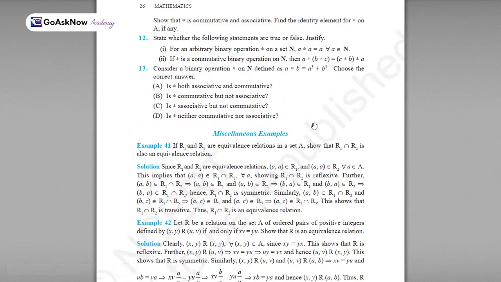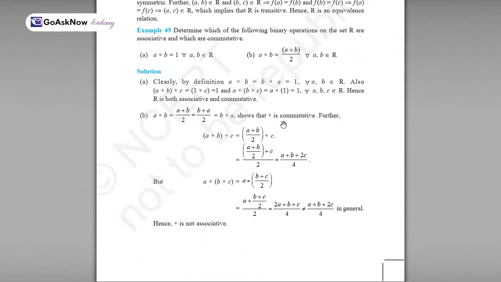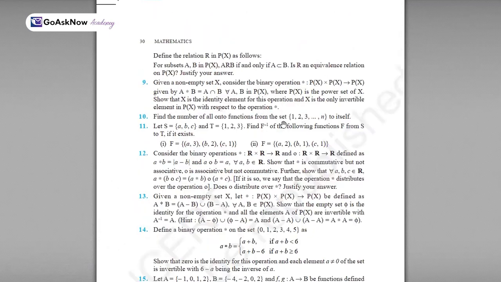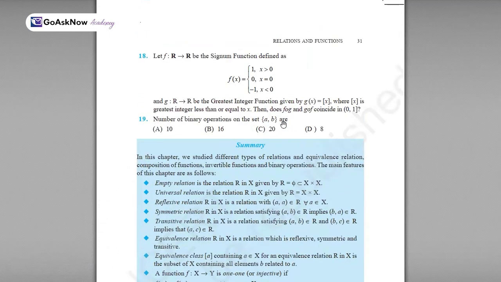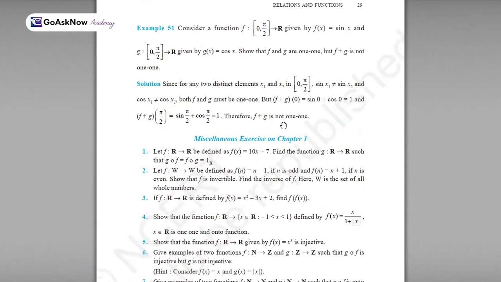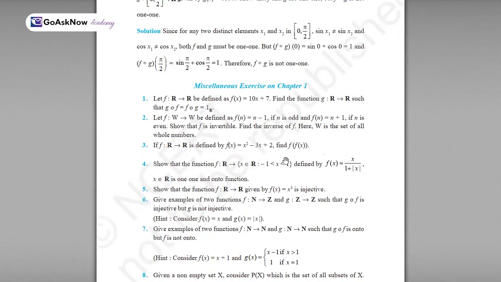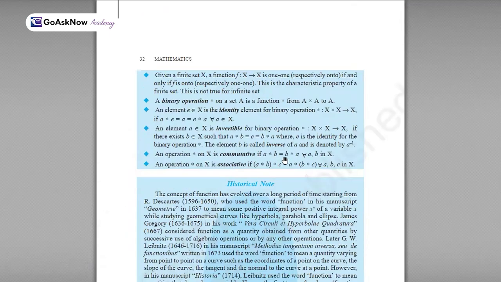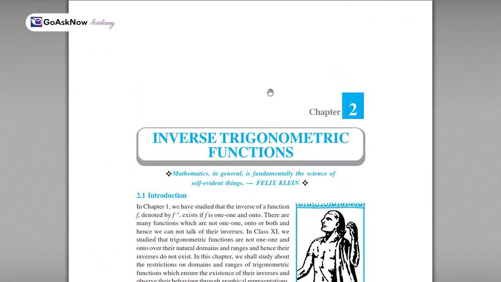I will take only question bank in that class. These are some miscellaneous examples that you can practice, but these are not very important for your board exam. So yes, this is the summary of this chapter.